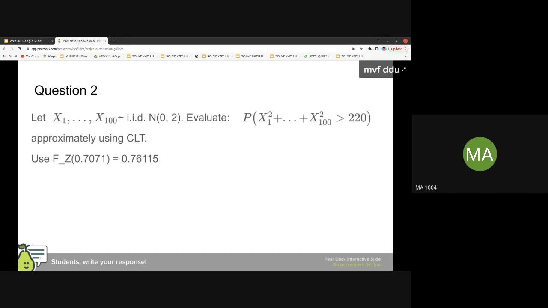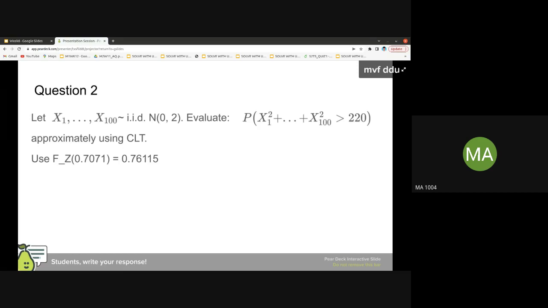Find the probability that x1 square plus x2 square and so on up to x100 square is greater than 220. For this you need one thing: if x1 follows a normal distribution, x1 square will follow a gamma distribution. That you should know. Once you know that, you can compute this.